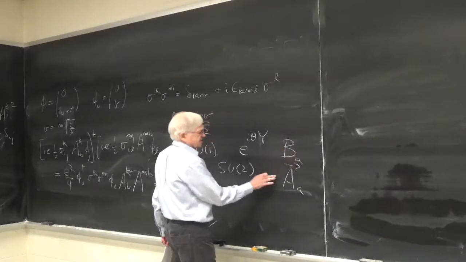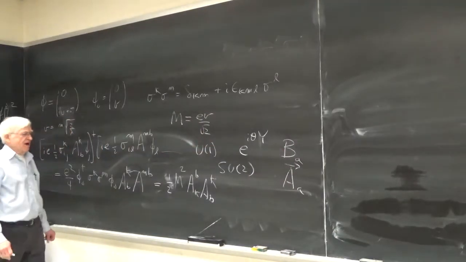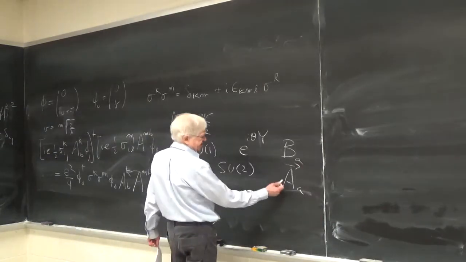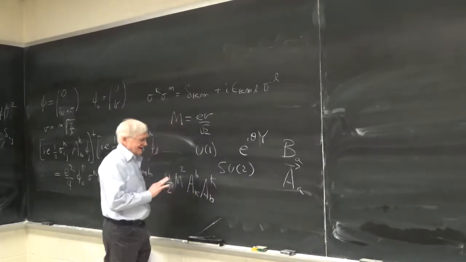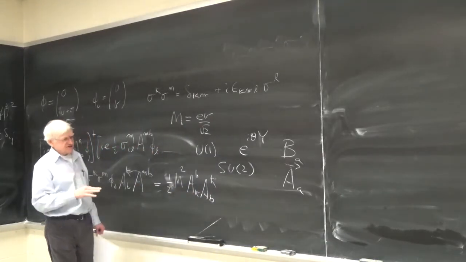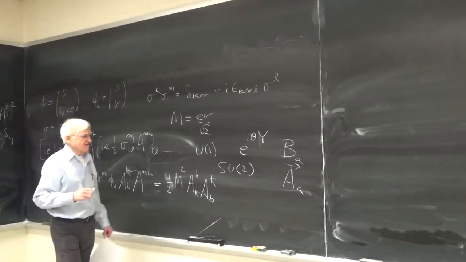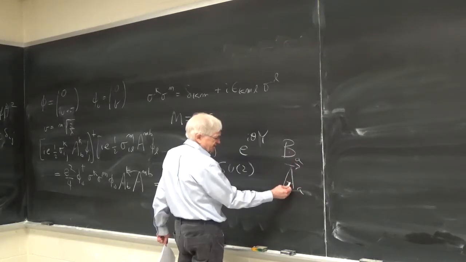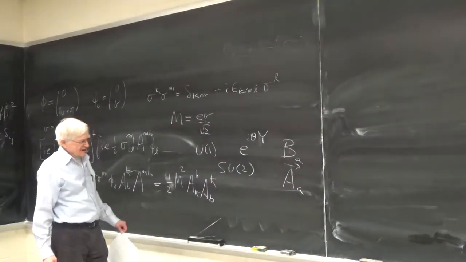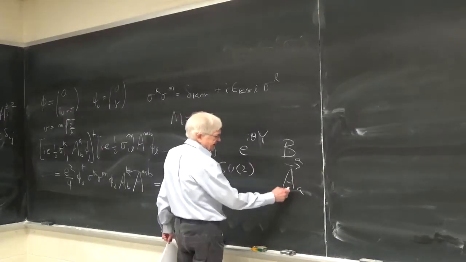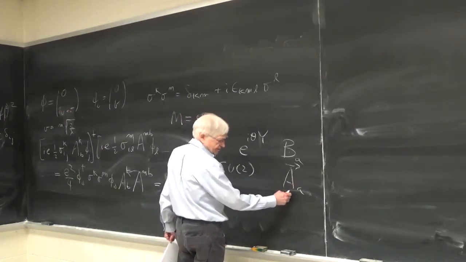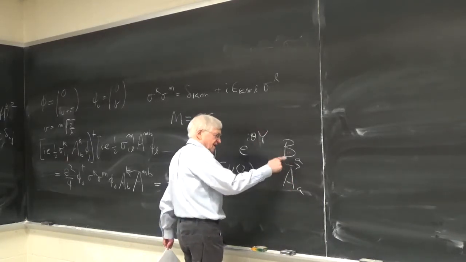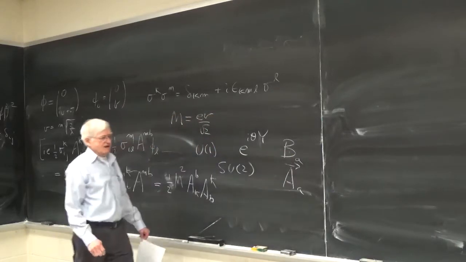So you start with 4 gauge fields, and what we'll see on Wednesday is that if we look at the kinetic part of the action of the scalar fields, one linear combination of B and one of the 3 gauge fields will remain massless, and the other 2 of these will become massive, and an orthogonal linear combination of B with A will become massive.